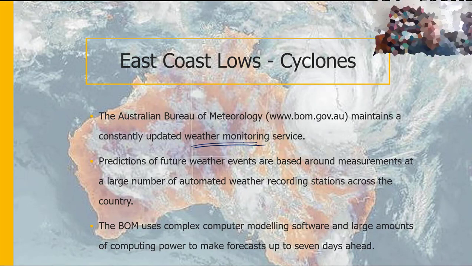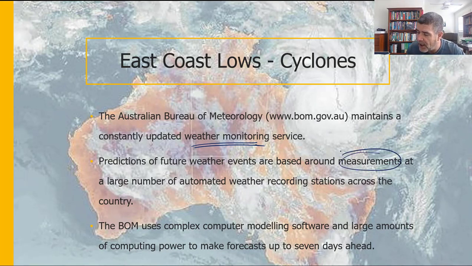The prediction of future weather events is very much around data and measurement, and a lot of weather recording stations are located in all sorts of different places, both ground-based and satellite-based, that are all taking measurements in real time and delivering those usually through computer means to be tracked, stored and analysed to give us a good picture of what's actually going on, how winds are moving, how pressure systems are moving, how they're forming, ones that are maybe moving away from the sphere of influence in terms of our local regions, and so on.